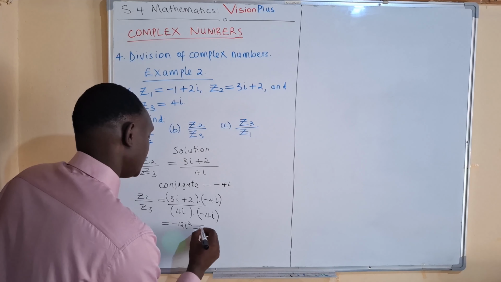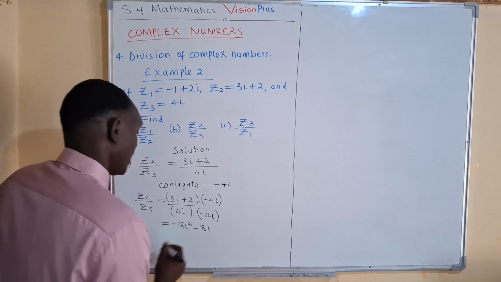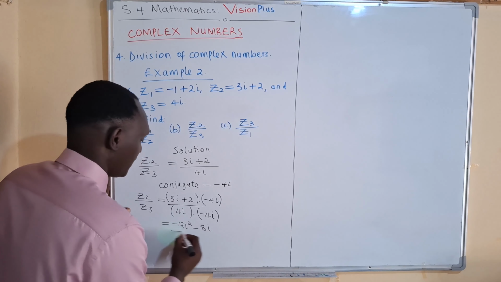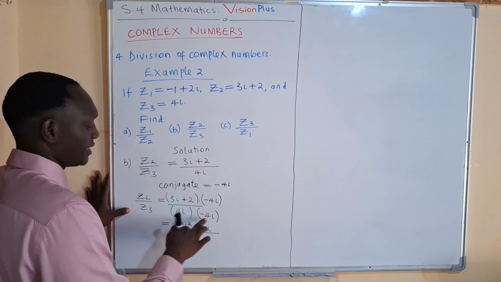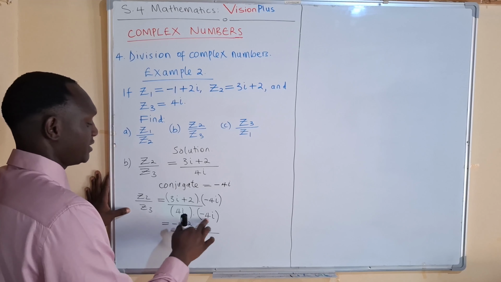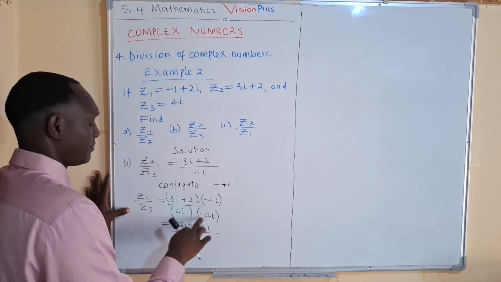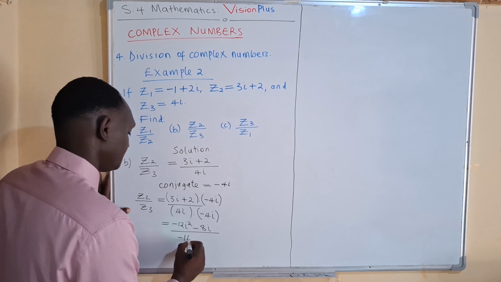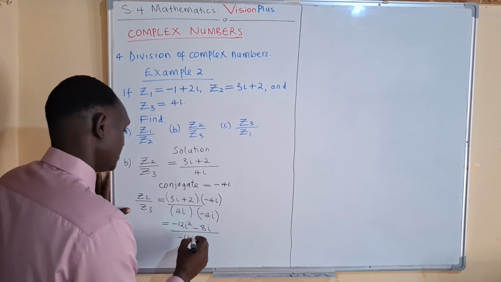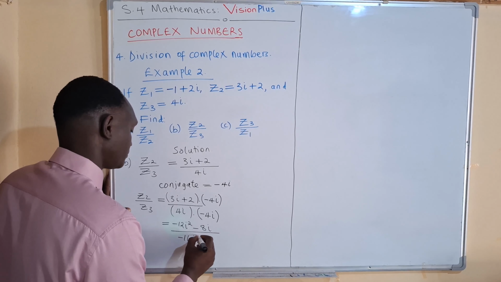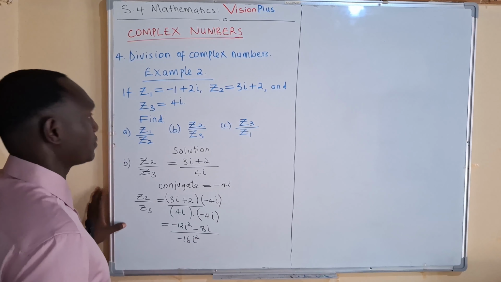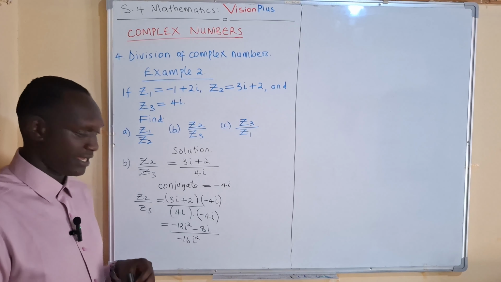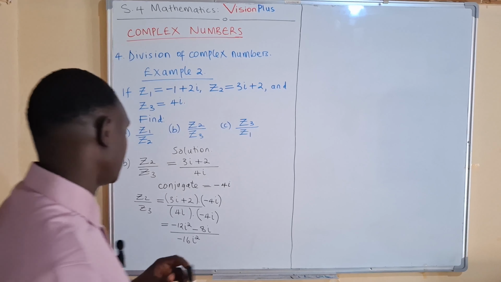So here we shall have minus 8i, and we are done with the numerator. Divide by, also in the denominator there is one term in each bracket: 4i times negative 4i. 4 times negative 4 is negative 16. i times i is i squared.